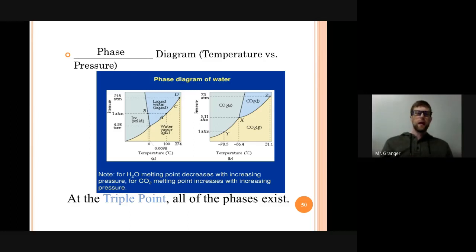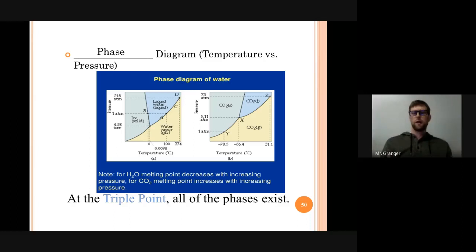So you can see it's kind of broken into quadrants for each of these phase diagrams. And these quadrants are representing different things as they're labeled here. In the water one on the left-hand side of your screen, you can see that ice is the green shaded area. It's on the far left of the graph, taking up most of that left-hand side of the graph.